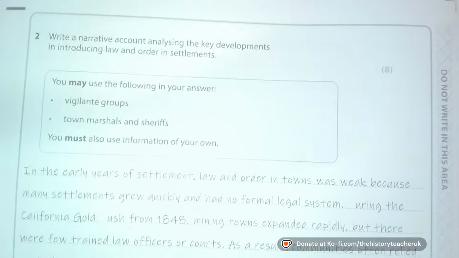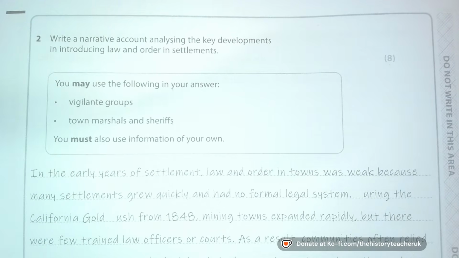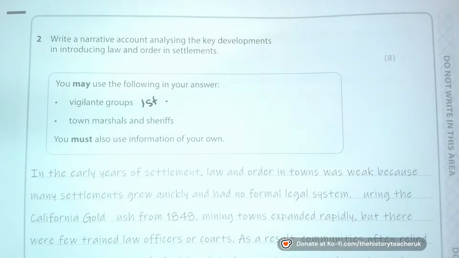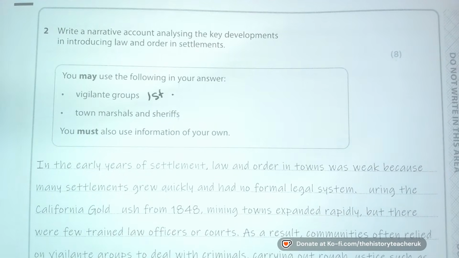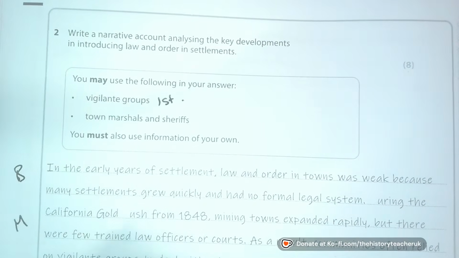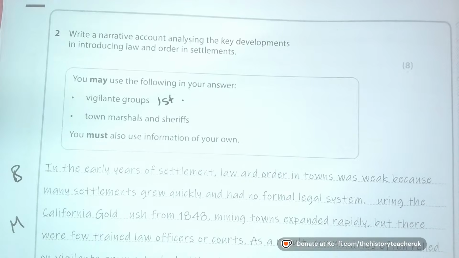So let's have a look at our question: a narrative account analysing the key developments in introducing law and order in settlements. We've got our beginning. Our first paragraph is going to be about vigilante groups.